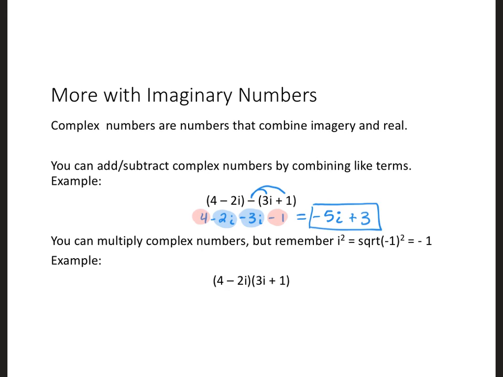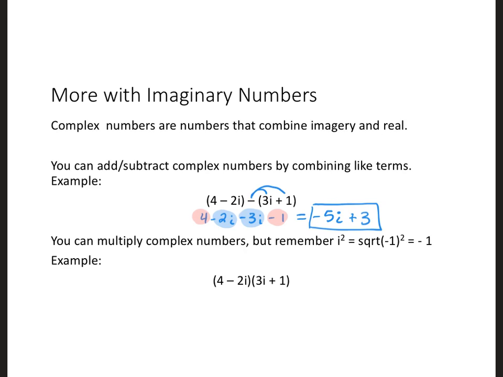The other thing that we can do with imaginary or complex numbers is to multiply them. The only thing that is important to remember is when you take i and you square it, that's the same thing as taking the square root of negative 1 and squaring it, which would just give you a negative 1. I'll show you that in the example.